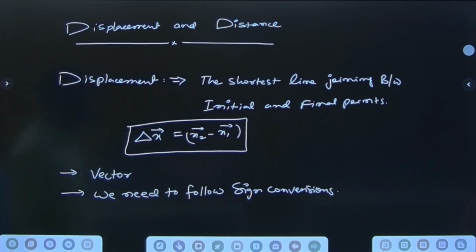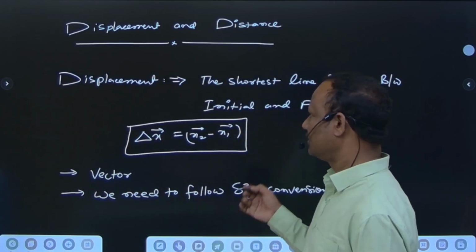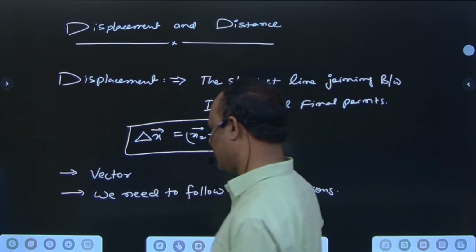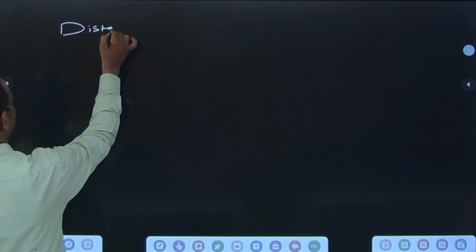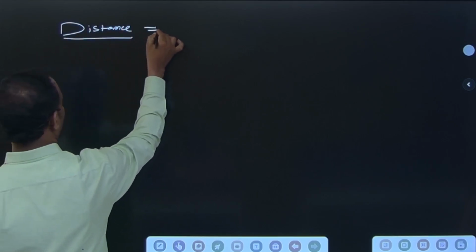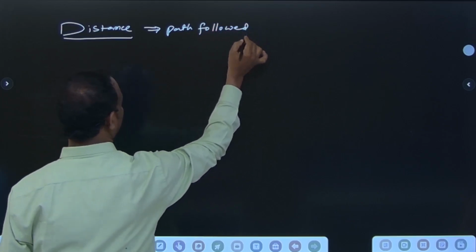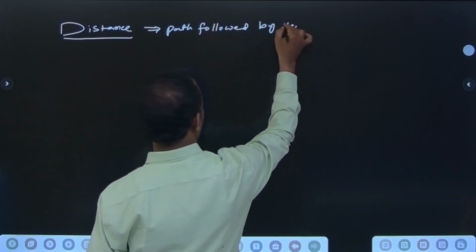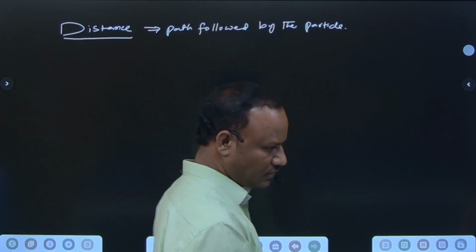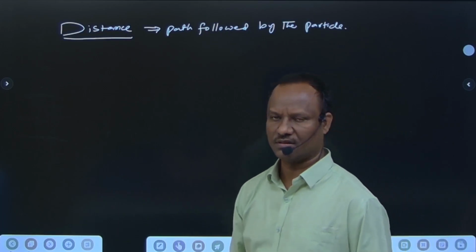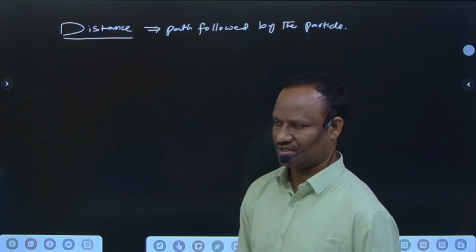This is displacement. What is distance? Distance is the actual path followed by the particle. In the majority of questions on displacement, we need to follow sign conventions.